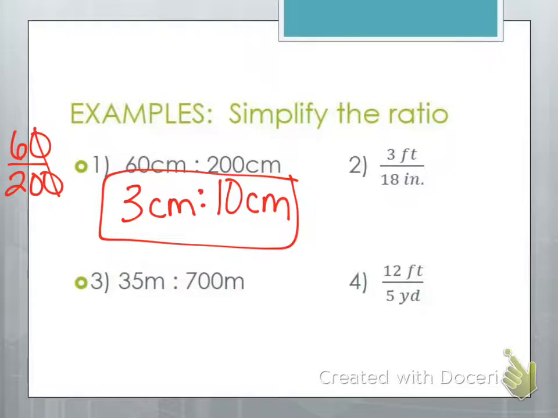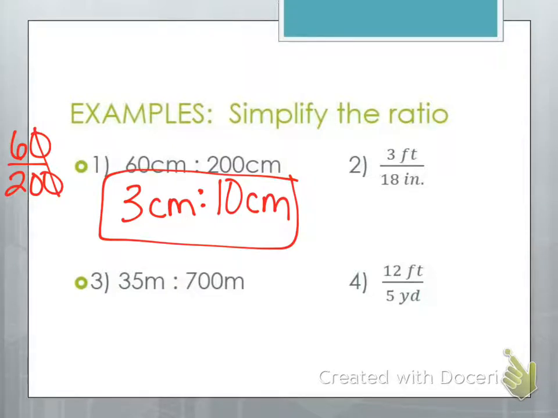On number 2, any thoughts on what we should do first? Angel? Good. We have to convert our units because we need our units to be the same. Right now, they are not. We've got feet on top, inches on bottom.